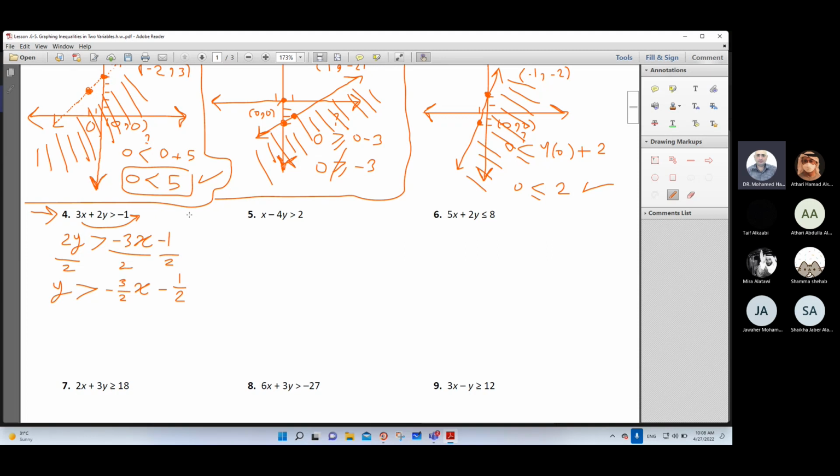Then if you choose the value of x as 0, it will be 0 here. So y will be negative 1 over 2.